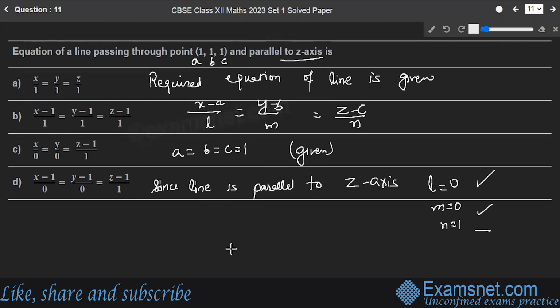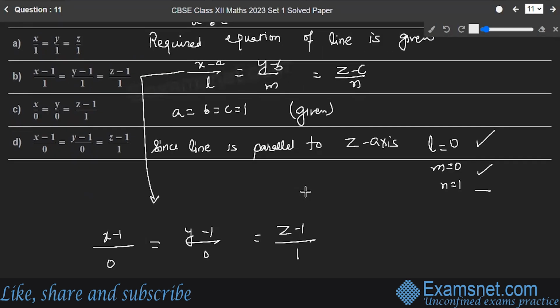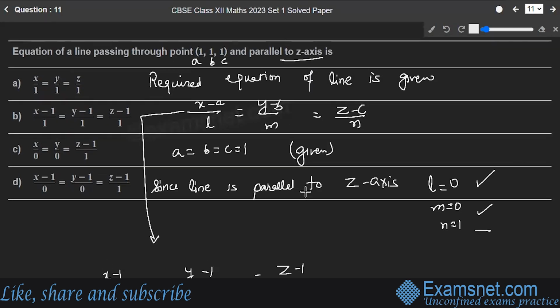So now this equation will become (x minus 1) upon 0 is equal to (y minus 1) upon 0 is equal to (z minus 1) upon 1. That is option D. So you have option D as the answer.